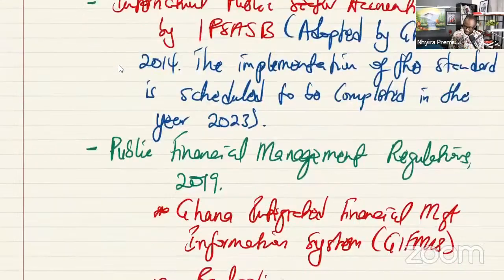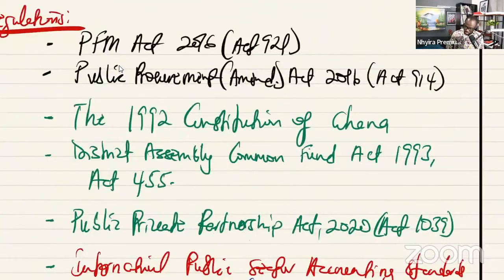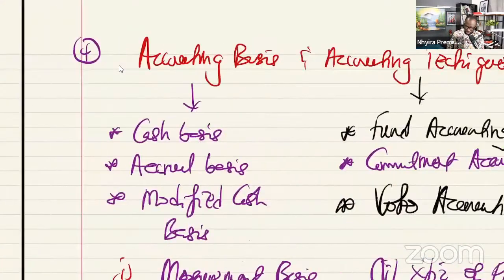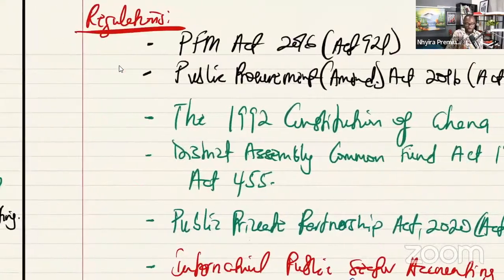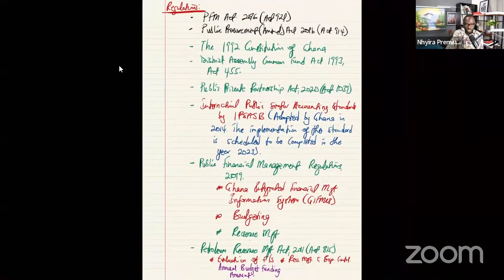Okay, I think that should be all. So these are some fundamental regulations that we are going to be referring to in our discussion as we continue: the Public Financial Management Act, the Public Procurement Amended Act 2016, the 1992 Constitution, the District Assembly Common Fund Act, the Public-Private Partnership Act 2020, Act 1039, the IPSAS, definitely, the Public Financial Management Regulations, then the Petroleum Revenue Management Act.